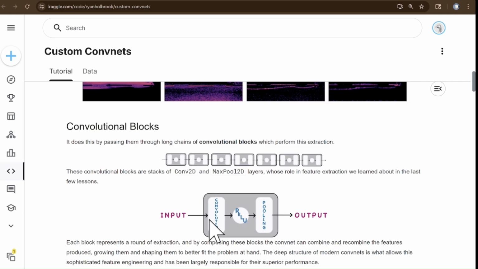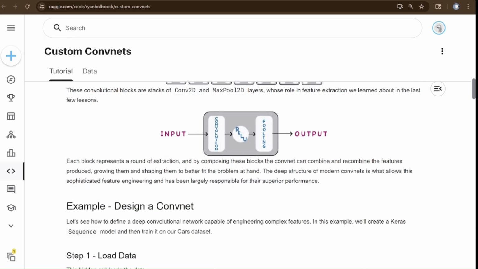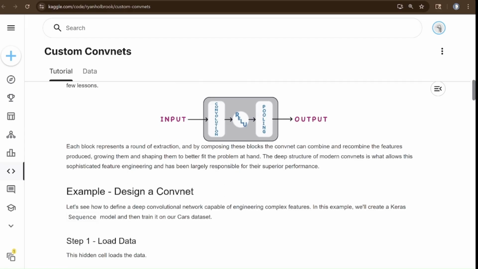In every block the same thing is happening: convolution, ReLU, pooling. Same here, convolution, ReLU, pooling. Same here, convolution, ReLU, pooling. Same thing, but you are repeating it multiple times. So these convolutional blocks play the role of feature extraction. Each block repeats a round of extraction, and by composing these blocks, the convnet can combine and recombine the features produced, growing them and shaping them to better fit the problem at hand.